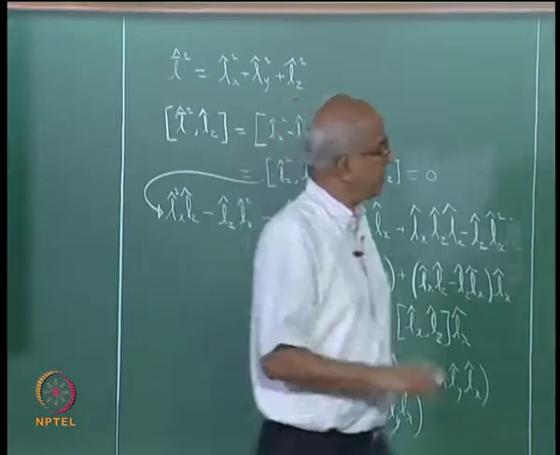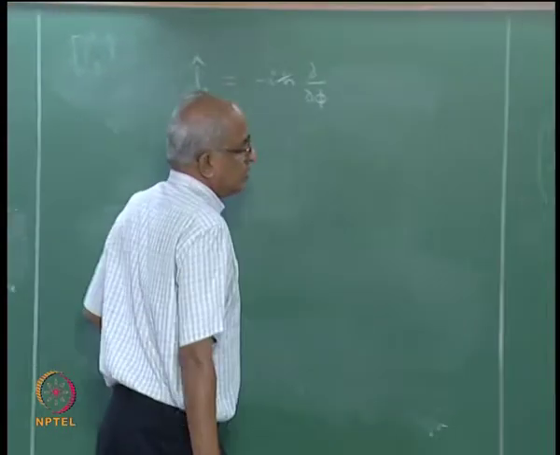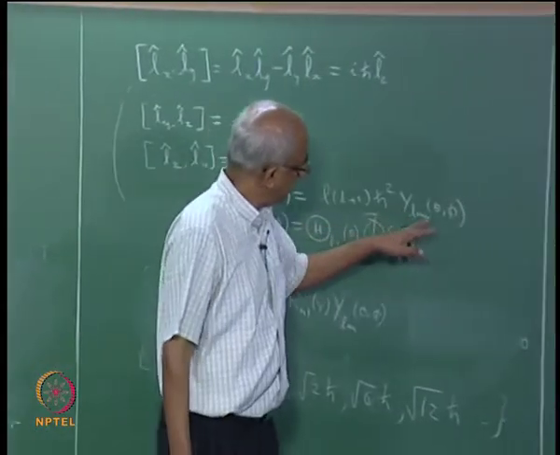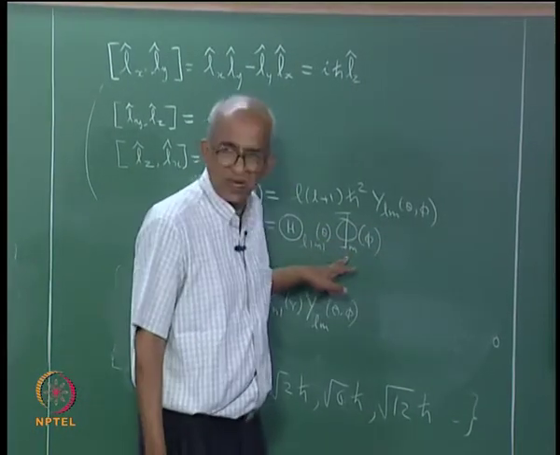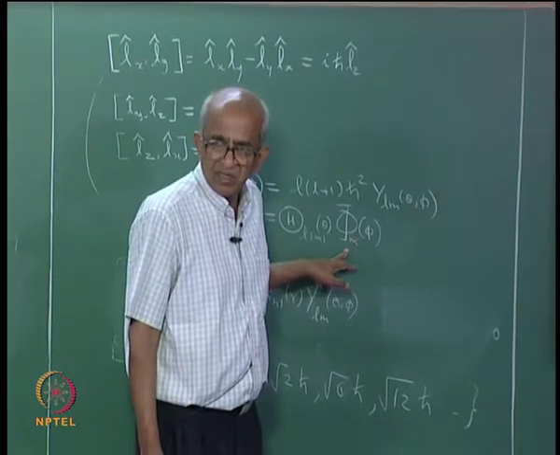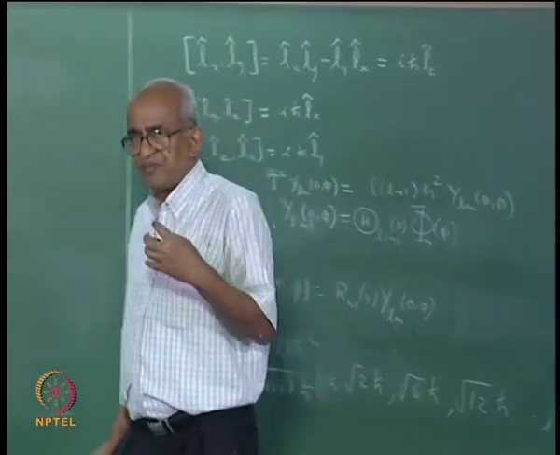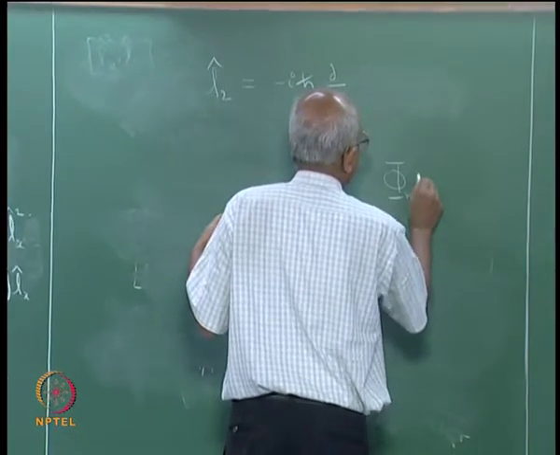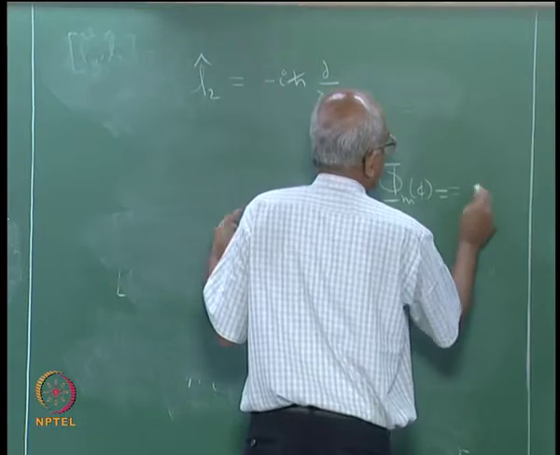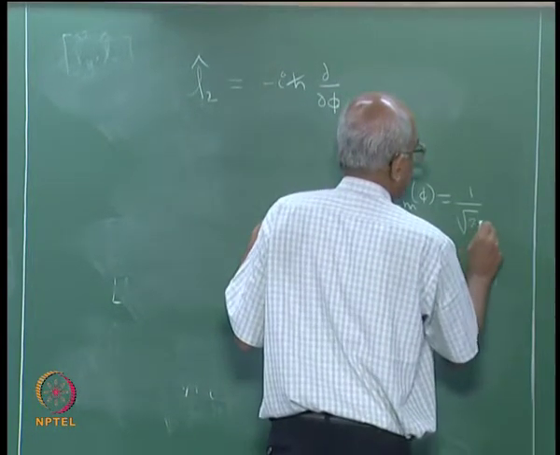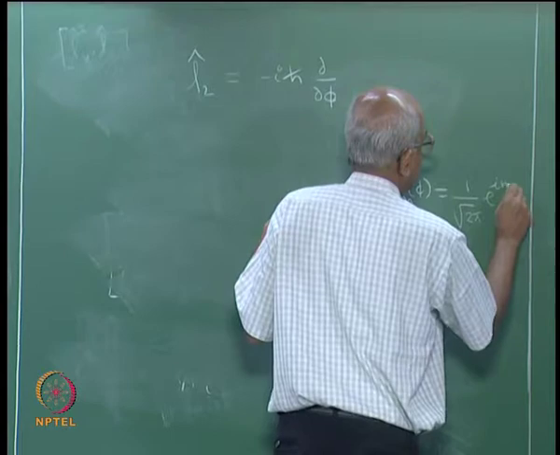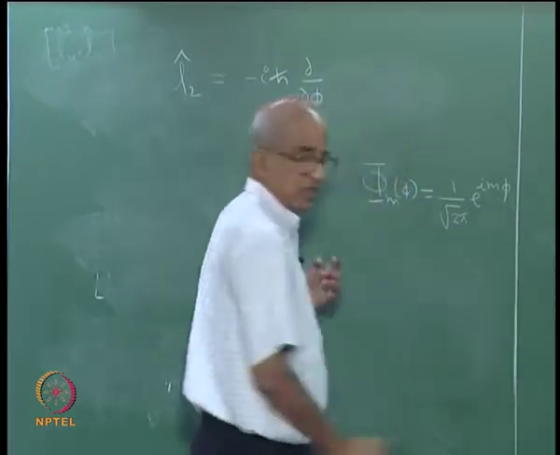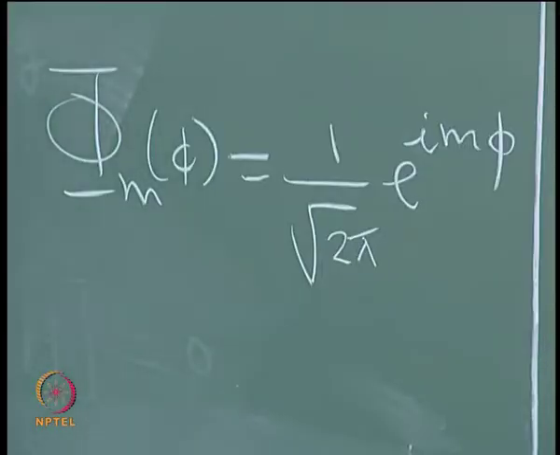And if you remember, the object Y_lm actually contains capital Phi, and capital Phi had the form, I can choose it to be 1 by square root of 2π e^(imφ), with m taking the values 0, plus or minus 1, plus or minus 2, plus or minus 3, etc.